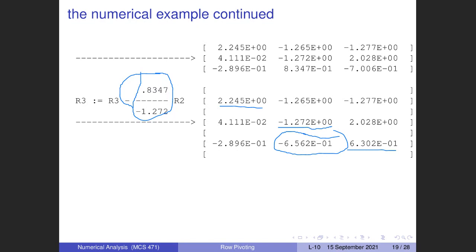The product of these three diagonal elements should equal the determinant, with a sign change. But for this particular example, we changed the rows twice.